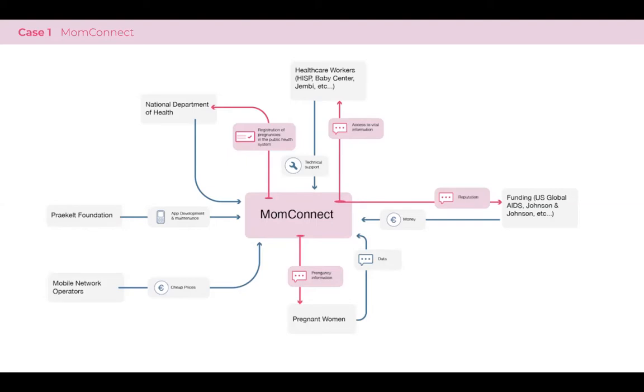In this graph, it is possible to see how these actors move their values, such as, for example, Mom Connect gives vital information to the healthcare workers, and at the same time the healthcare workers give support to the service.